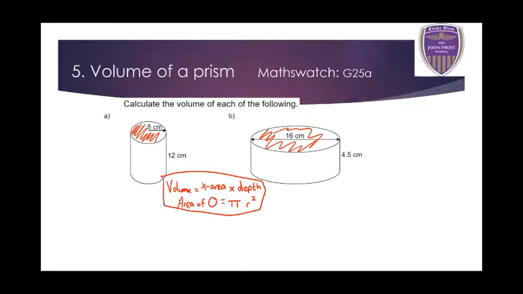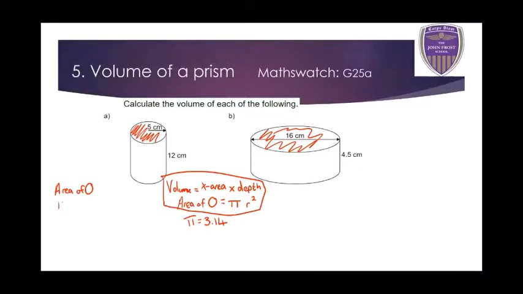Okay, so first of all, for question A, let's find the area of the circle. Okay, let's do this now. So we need pi, which we're going to take pi to be 3.14. If you were using a calculator, you could use the pi button. But if you weren't using a calculator, use 3.14. But I'm just going to use 3.14 in the calculator. Okay, so area of circle, pi r squared.